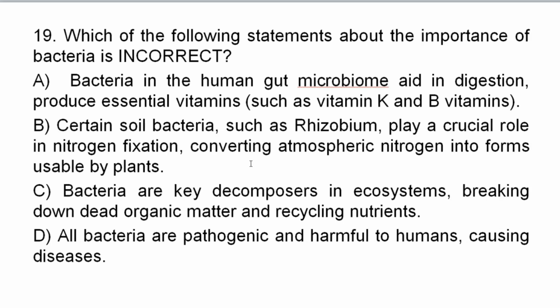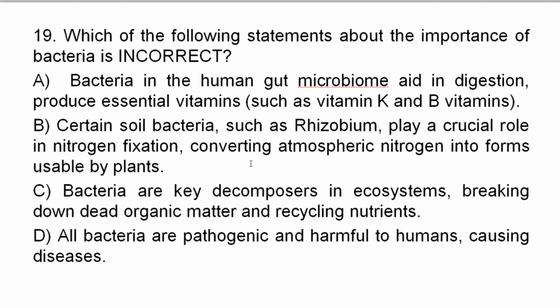Good. Question number 19. Which of the following statements about the importance of bacteria is incorrect? A. Bacteria in the human gut microbiome aid in digestion and produce essential vitamins such as vitamin K and B vitamins. B. Certain soil bacteria such as Rhizobium play a crucial role in nitrogen fixation, converting atmospheric nitrogen into forms usable by plants.